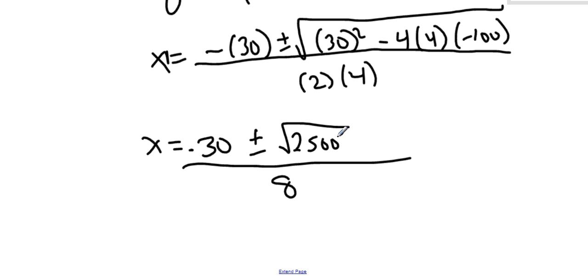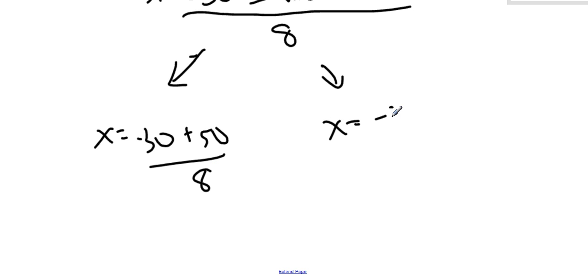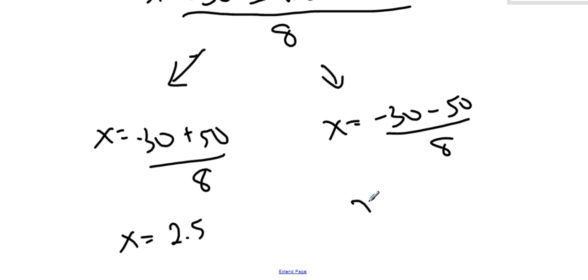And now I'm going to split that answer into two distinct answers, one using the plus and one using the minus. So x equals negative 30 plus the square root of 2500, which is 50, or x equals negative 30 minus 50. So I get x equals 20 divided by 8, which is 2.5, or x equals negative 10.